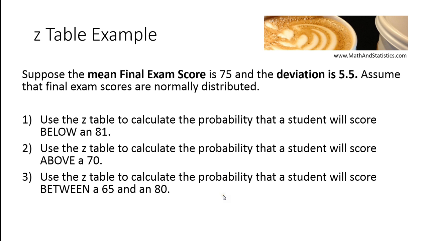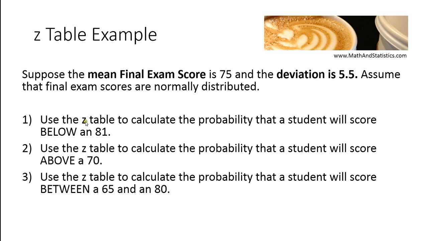So here are 3 types of questions that you can answer using the zTable and having a data set that is normally distributed with a mean value that is known and a deviation that is known. So we're again going to use our final exam score data set with a mean of 75 and a deviation of 5.5. We're going to do these 3 examples.